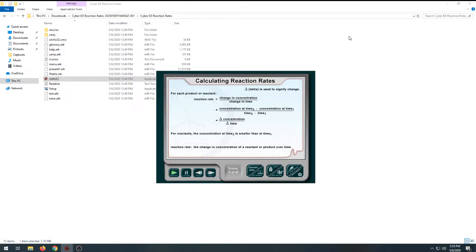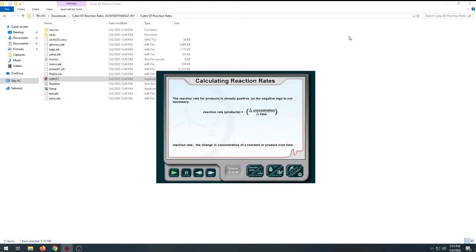This means that for reactants, the overall expression for the reaction rate will be negative. Since it is conventional to report reaction rates as positive numbers, simply multiply the value found for reactants by -1. When finding the reaction rate for products, the negative sign is not necessary, since products are being formed and the concentration at time 2 will be greater than at time 1.